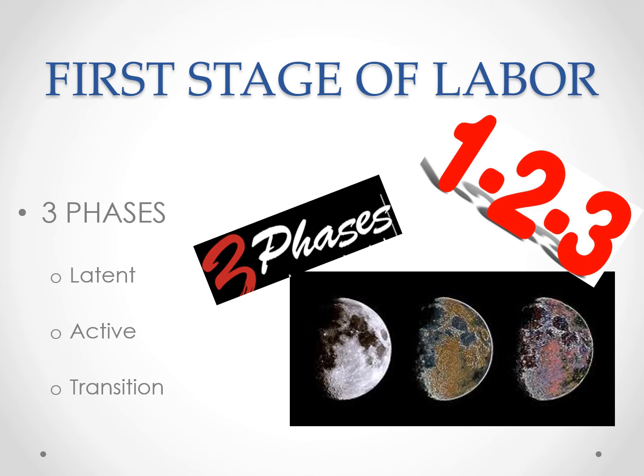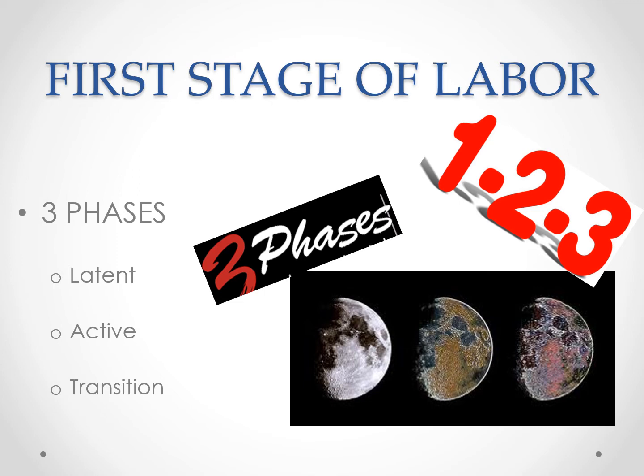During the latent phase or the early phase, that's usually when the patient is about 3 to 5 centimeters of dilatation. That's where it's different from my chart because your book uses 3 to 5 centimeters, which is a little confusing because active is 4 to 6. So there's a little overlap. But again, this is our textbook and that's what we're using. So the latent phase of labor is 3 to 5 centimeters of dilatation. The active phase of labor is 4 to 6 centimeters of dilatation.